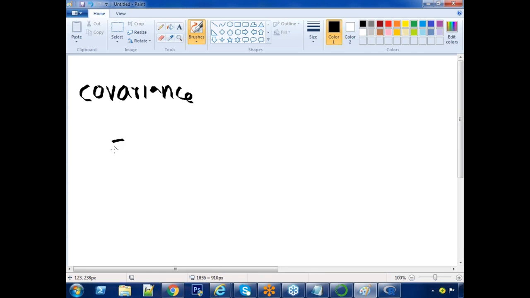The formula is like this: sigma of x minus x bar, that means simply deviation of x, into y minus y bar. That means we are going to pass two lists now.